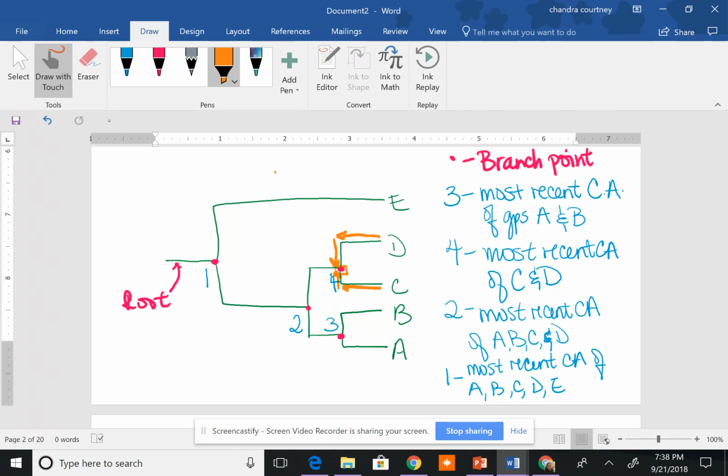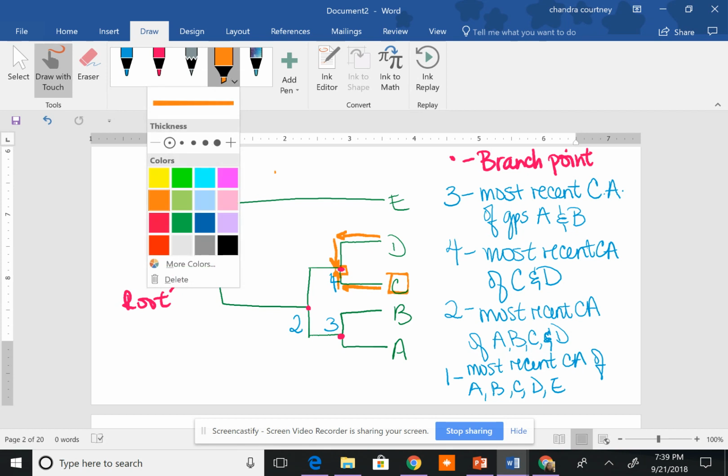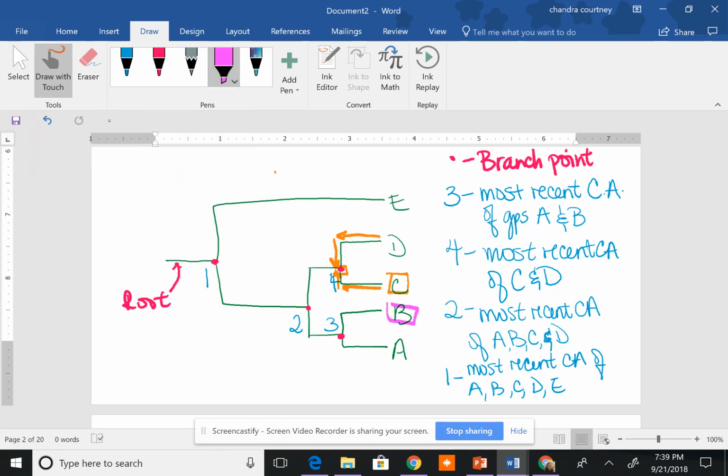But let's say we were looking at how related B versus C was. So this guy and this guy. If we did a walk backwards for B, we would go down, then across, and then down, and across.